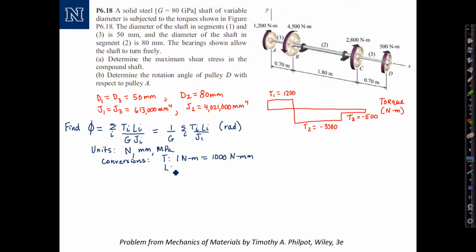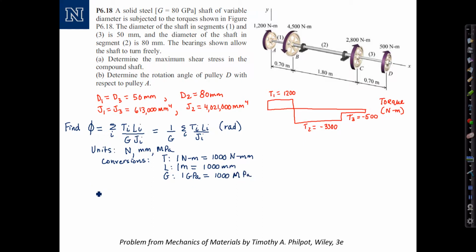Our length should be converted from meters to millimeters, so 1 meter is 1,000 millimeters. And finally, our shear modulus G should be converted from gigapascals to megapascals, noting that 1 gigapascal is 1,000 megapascals.